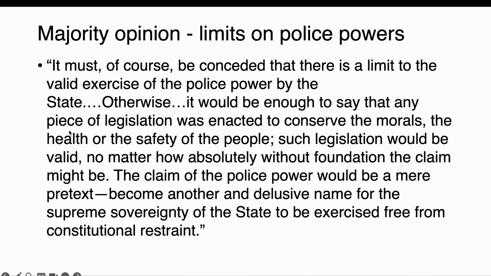Otherwise, it would be enough to say that any piece of legislation that was enacted to conserve the morals, the health, or the safety of the people, such legislation would be valid no matter how absolutely without foundation the claim might be. If you basically tell the legislature, hey, us judges, we're going to uphold whatever you pass, then you're giving the legislature permission to pass laws based on mere pretext, a false assumption.